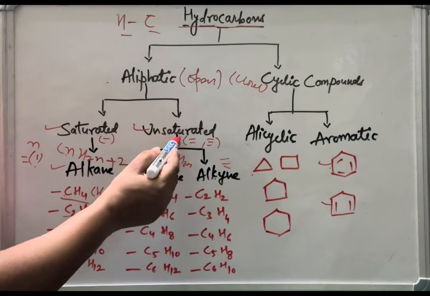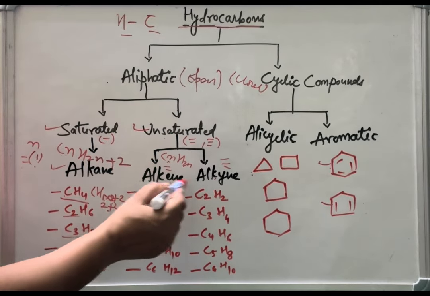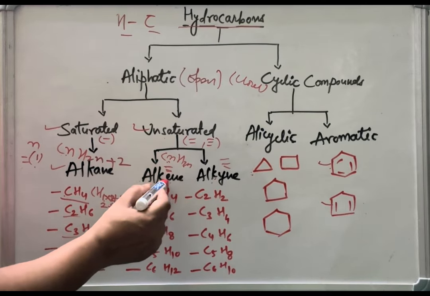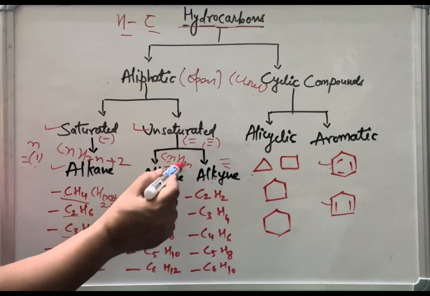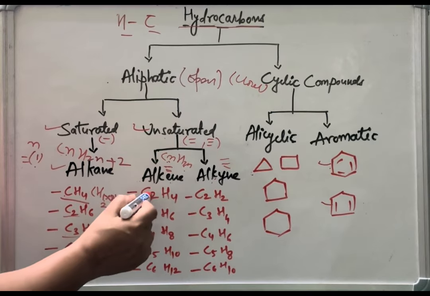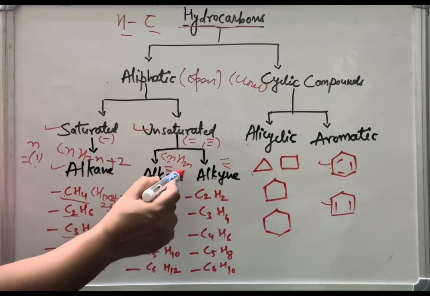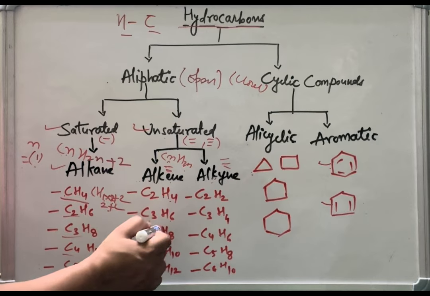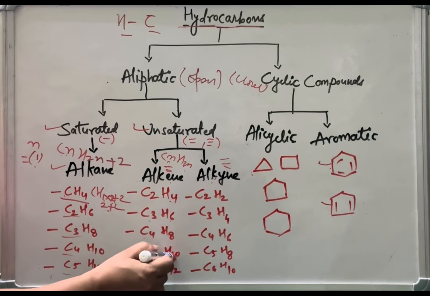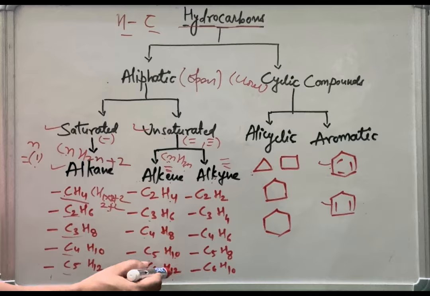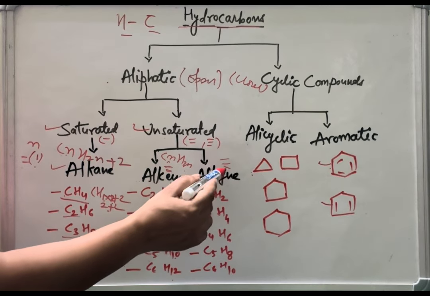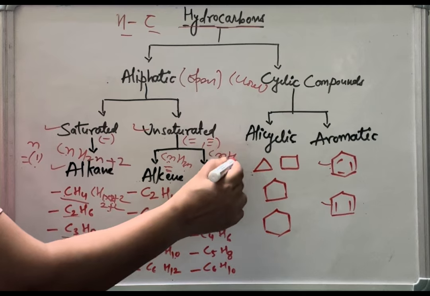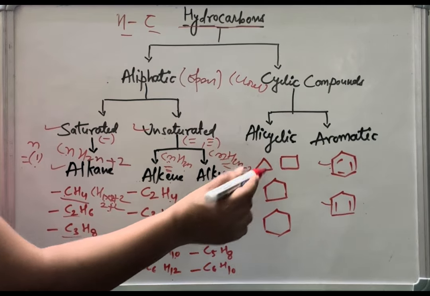Unsaturated hydrocarbons are divided into two parts, alkene and alkyne. Alkene contains a double bond and the formula is CnH2n. That is, if it contains two carbon atoms, then hydrogen becomes 4. Like this, C3H6, C4H8, C5H10, C6H12. Then alkyne contains a triple bond and the formula is CnH2n-2.